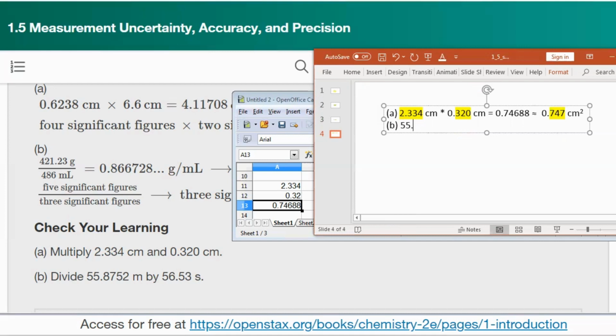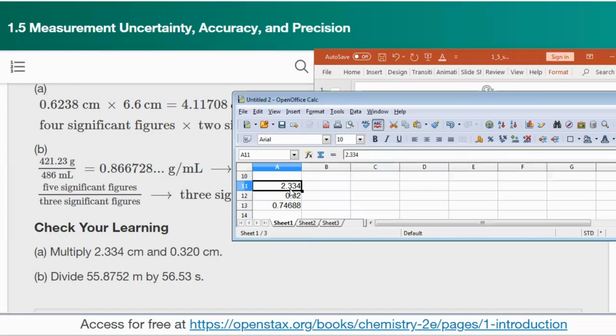So 55.8752 meters divided by 6.53 seconds. So this is some sort of velocity. And the number will be some number with lots of digits. So let me just say 55.8752 divided by 6.53.